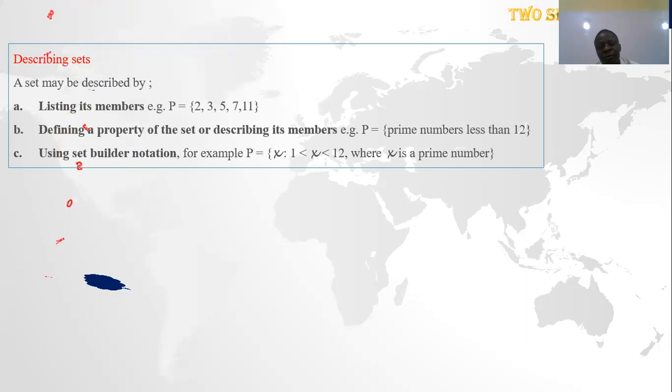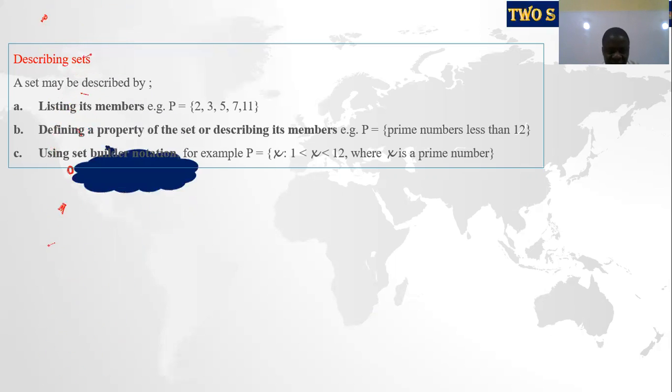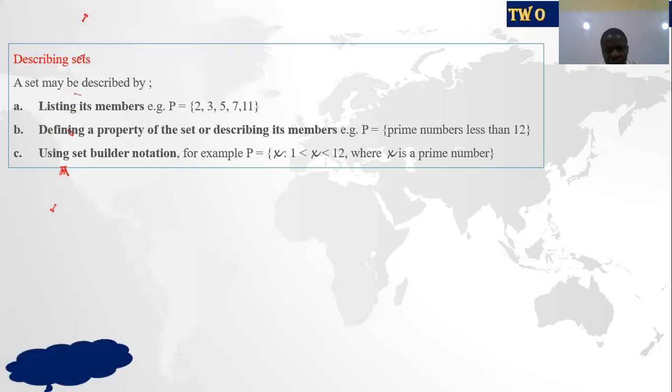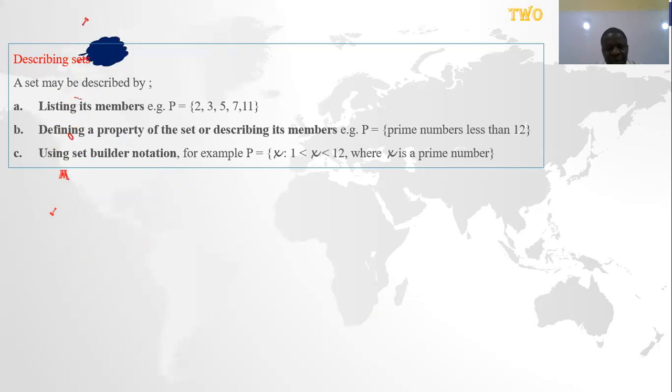We also have another way of describing the set. That is we describe a particular property of the numbers in common, or describe the elements. So for example, I described the set P as prime numbers less than 12.